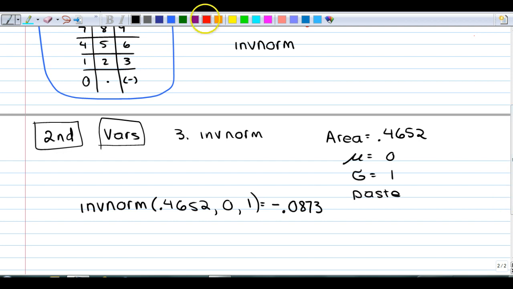INVnorm assumes the area given is to the left of the z-score and goes out to negative infinity.